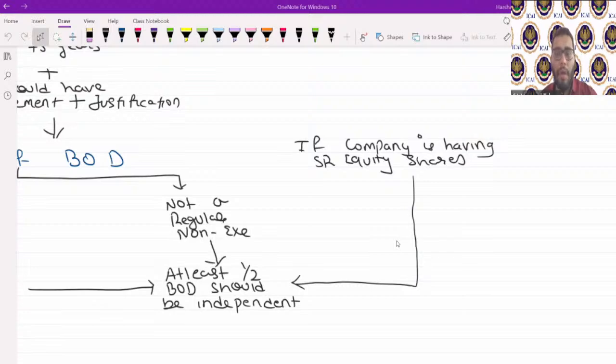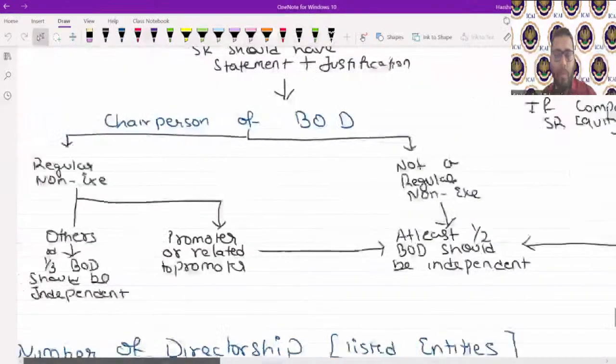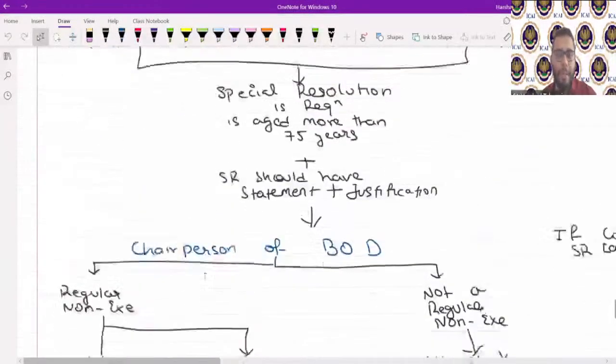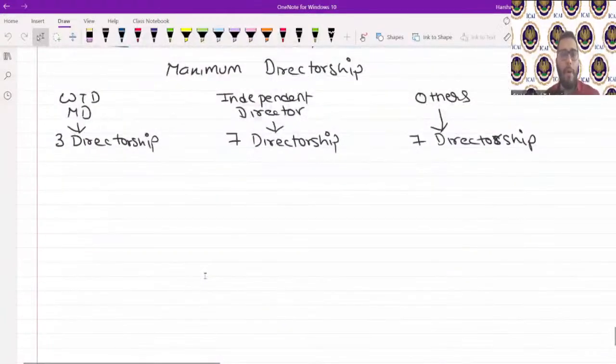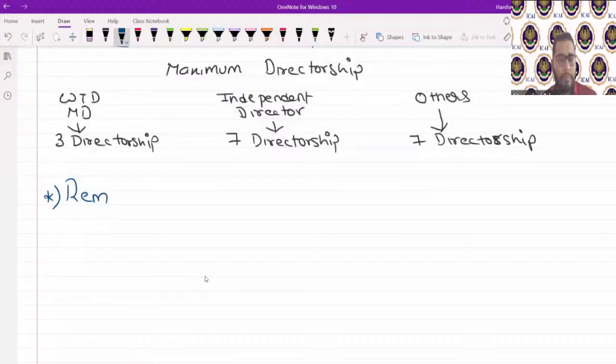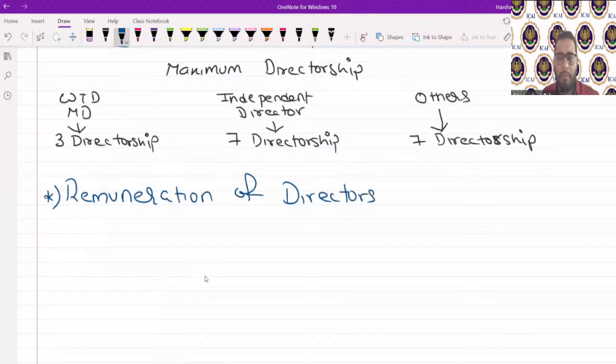Okay. Now, this was with respect to composition of board of directors, number of directorships. Now we will talk about remuneration of directors. Regarding remuneration of director, again it's part C of schedule 5.